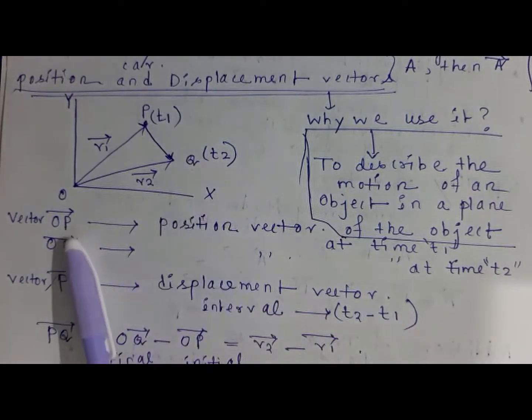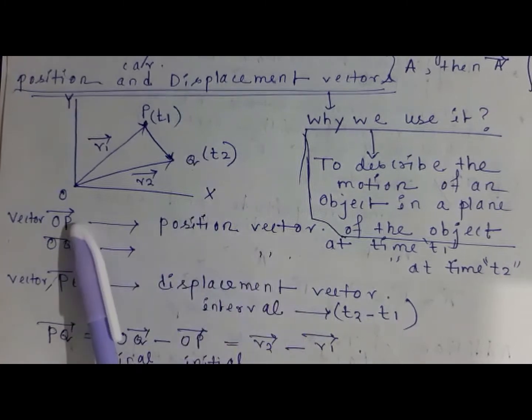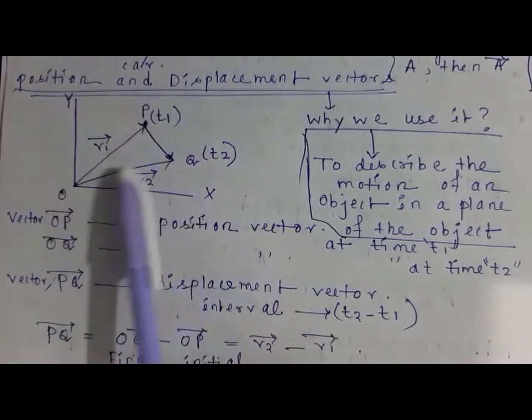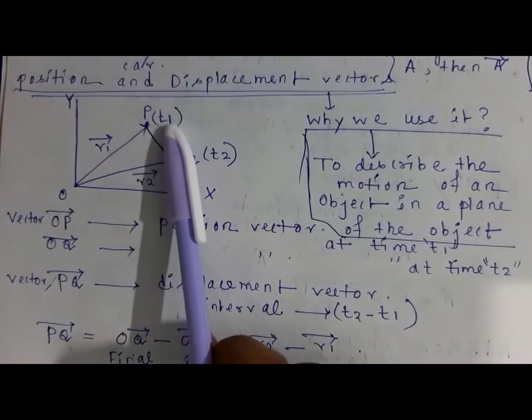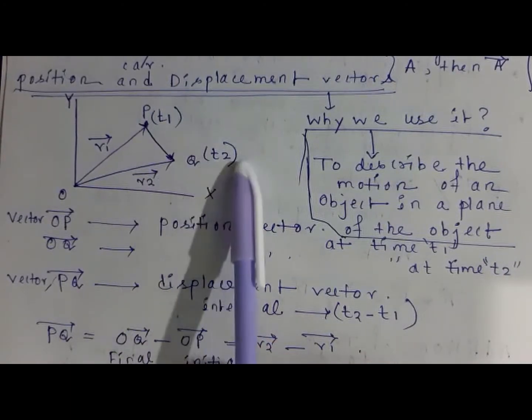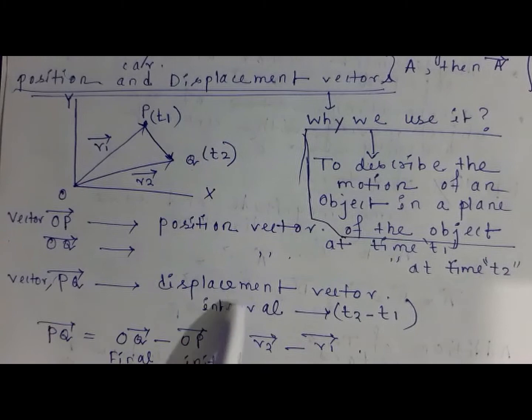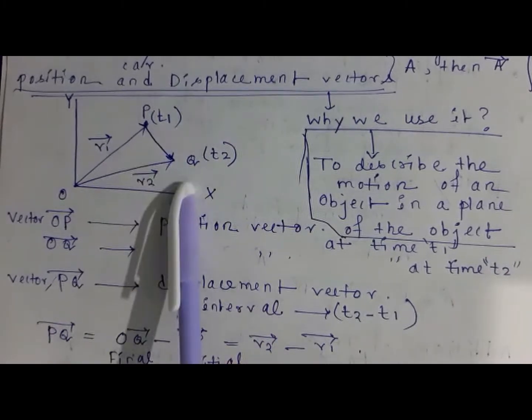So your position vectors are OP, this is your first position vector, and this is your second position vector. At time t1 this was, and at time t2 this was, and your displacement vector is PQ.